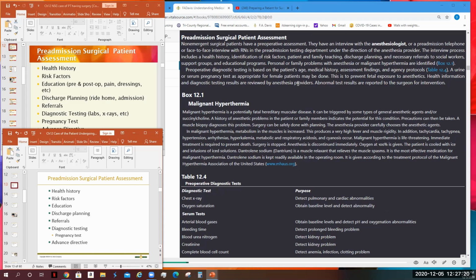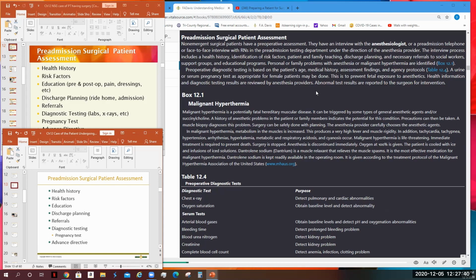A history of anesthetic problems in the patient or family members indicates the potential for this condition. Precautions can then be taken. A muscle biopsy diagnoses this problem. Surgery can be safely done with planning.